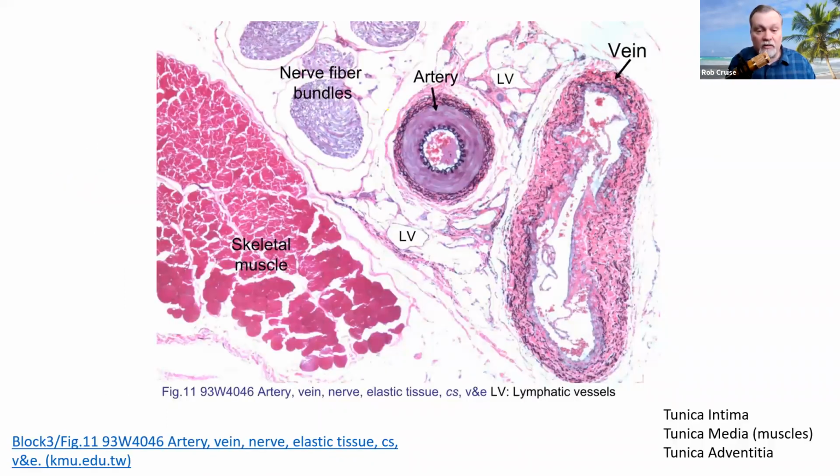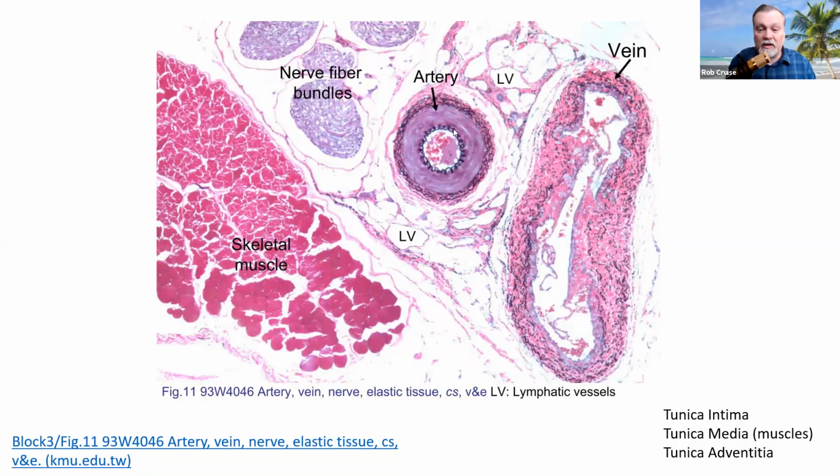For here, we have several nice things to look at. So nerve fiber bundles are over here. This is your skeletal muscles. LV is the lymphatic vessels in the cellular matrix here. There's a couple of them dispersed in between some of the other cells. Here we have the artery. The artery, of course, has the lumen in the middle.